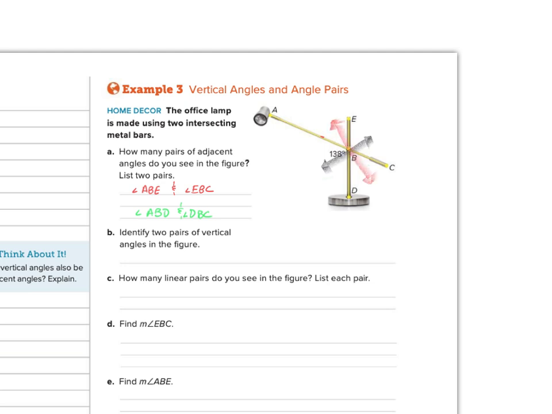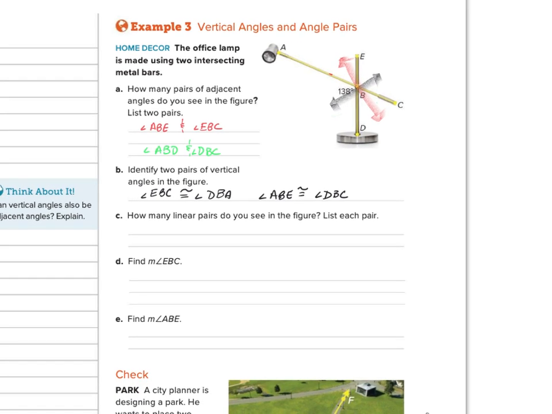So if I take that, I could say that angle EBC is congruent or vertical to angle DBA. And I know that angle ABE is equal to or congruent to angle DBC because they are verticals.